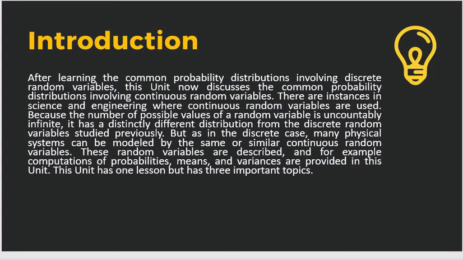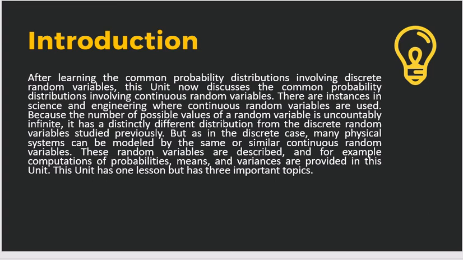After learning the common probability distributions involving discrete random variables, this unit now discusses the common probability distributions involving continuous random variables. There are instances in science and engineering where continuous random variables are used.